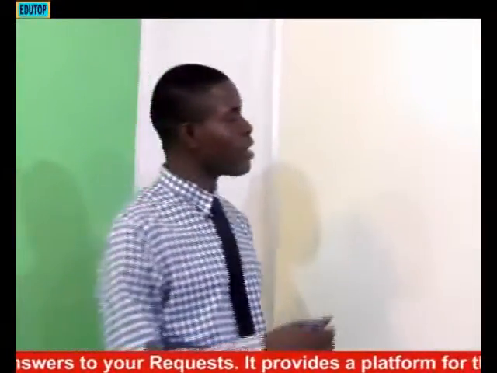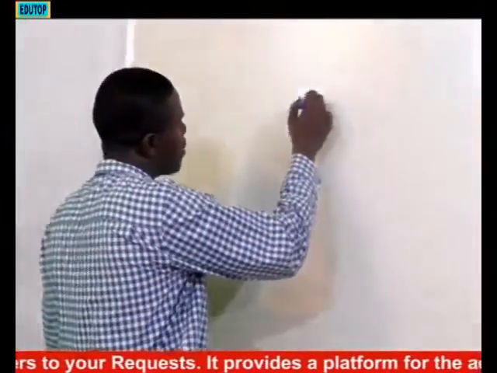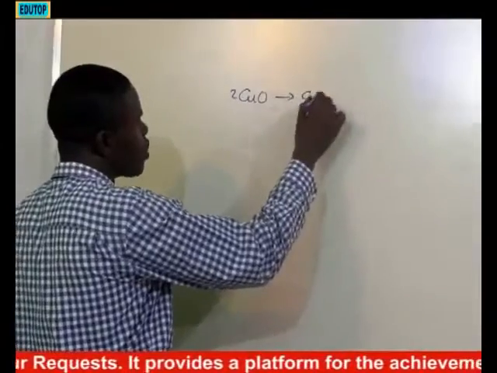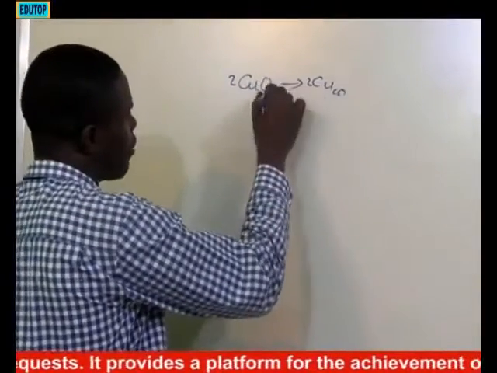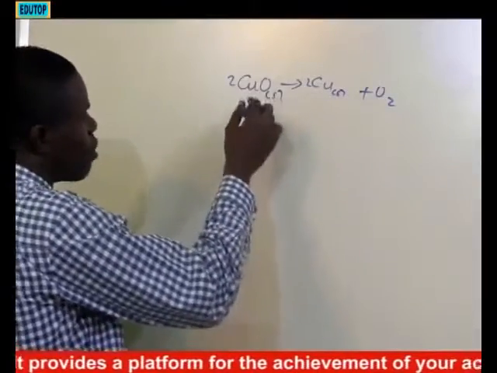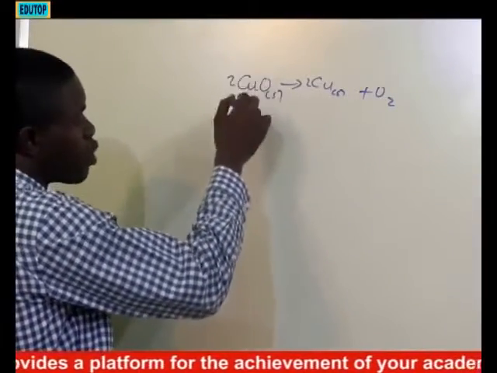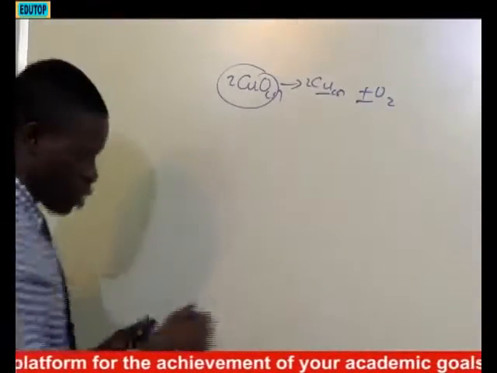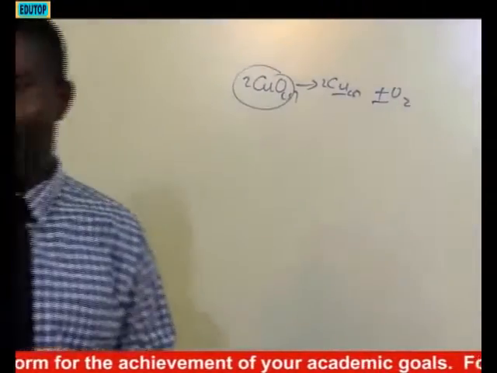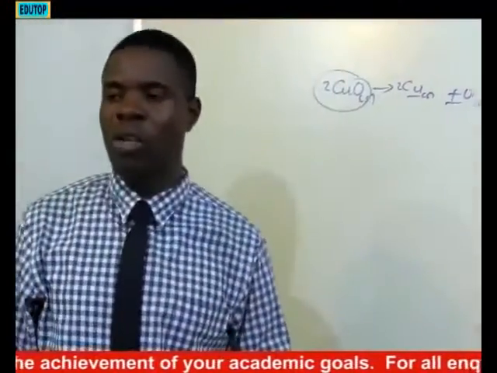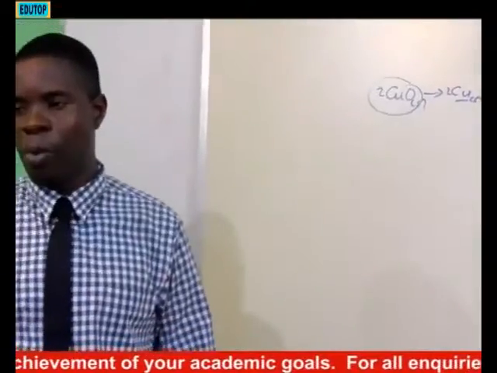So if you have, let's say, copper(II) chloride, it will definitely be coming from what? Copper solid plus O2. So it states that all pure samples of a particular chemical compound contain the same elements combined in the same proportion by mass. That is what the law of constant composition or law of definite proportion is talking about.